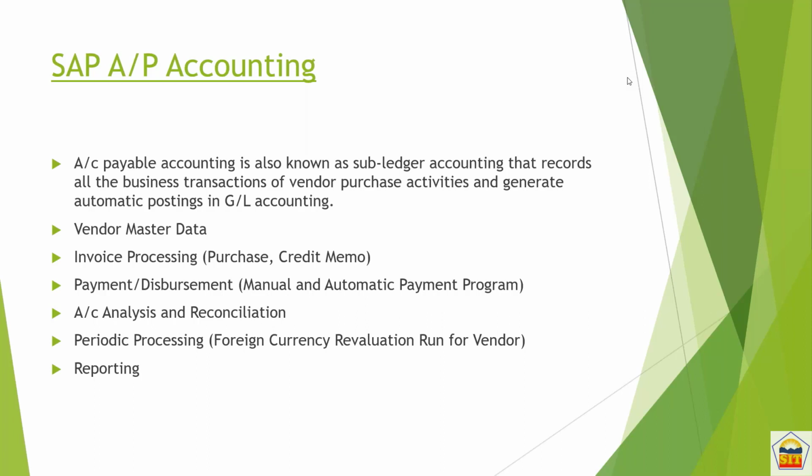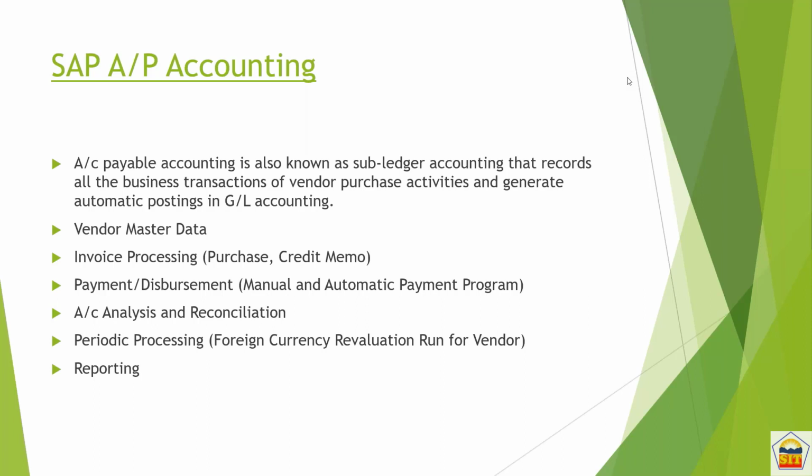Then we will also be adding their bank details because we need to make the payment to them. We will be maintaining in the system their bank account, their IFSC code, their ABA routing number, their BIC number, Swift code number.